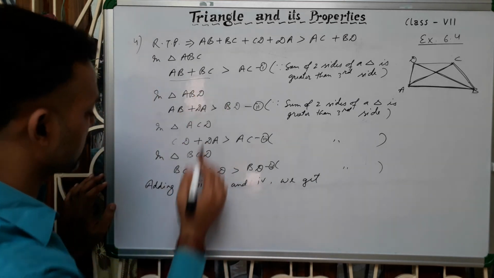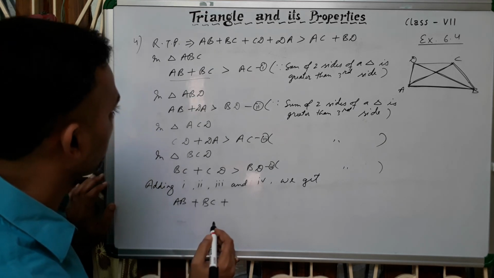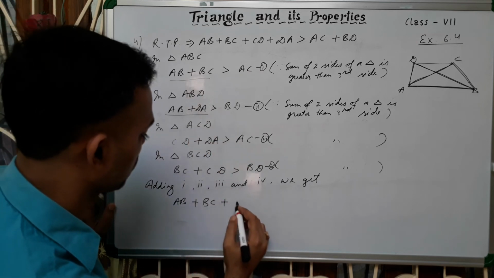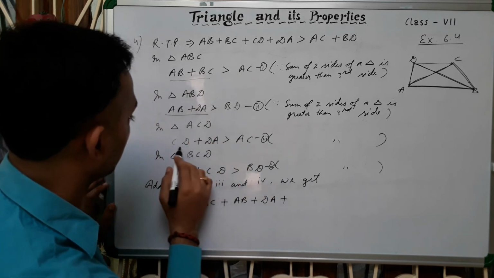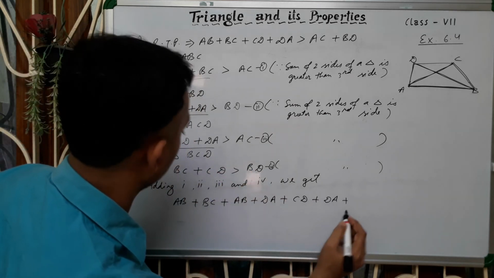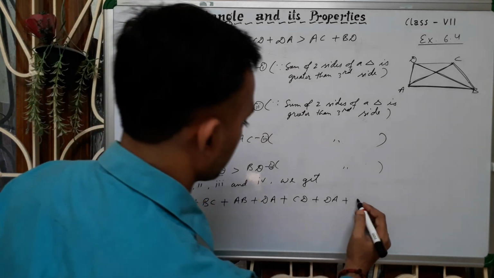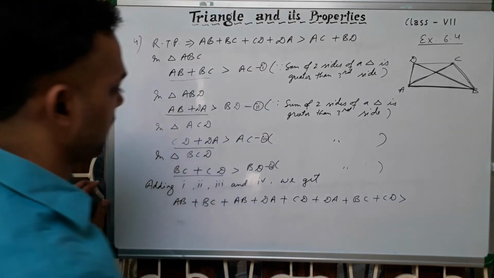If we are taking these two, AB plus BC plus then these two AB plus DA plus then these two CD plus DA plus now these two BC plus CD is greater than.